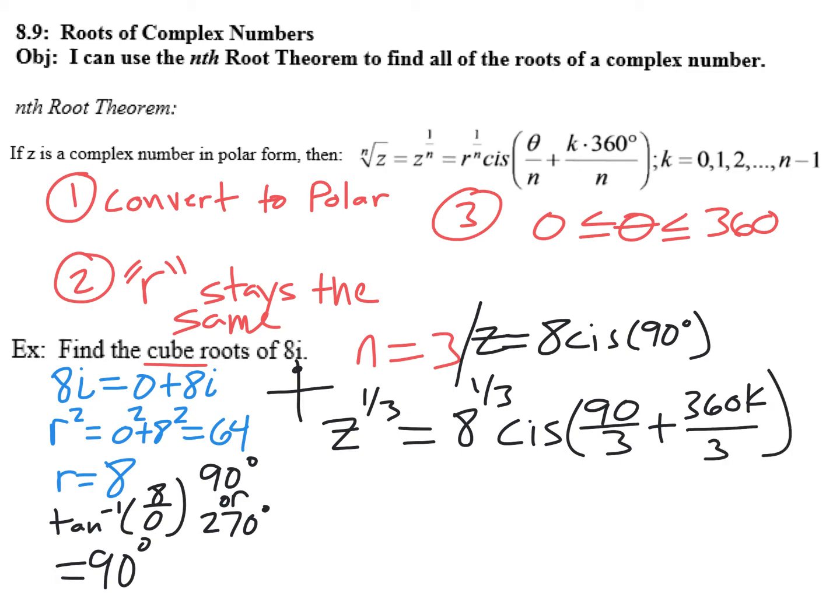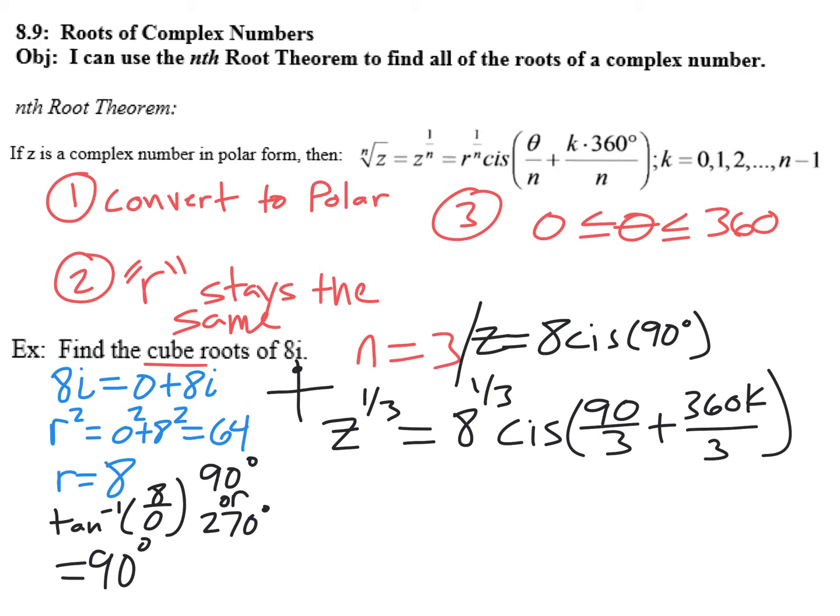Now, k is there just because we don't know how many times we need to add that number. In general, for the formula, at this point we do, because we know n is 3. Okay, so I need to add it 3 times because I should get 3 answers. You'll see that theme all the way through, right? If you're doing cube roots, you should find 3 of them.